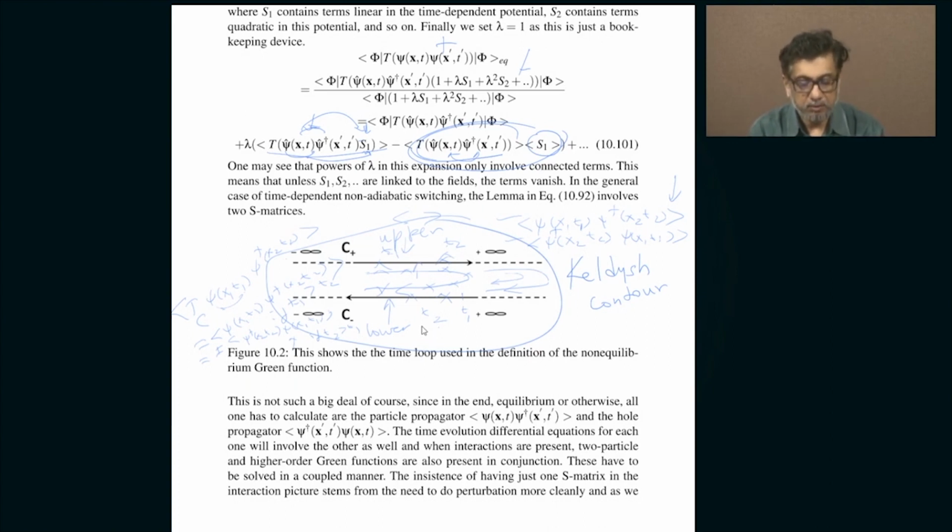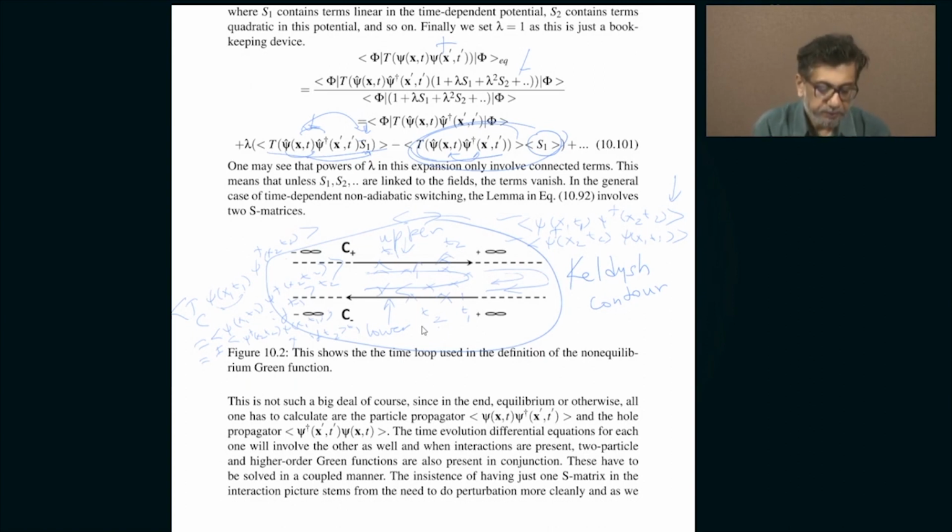So, now if both are on the same branch, then you will be getting your usual time ordering. If both are on the upper branch, you will get time ordering in the sense in which you normally expect. If numerically T2 is larger, then you will get a whole Green's function, and if numerically T1 is larger, you will get the particle Green's function.